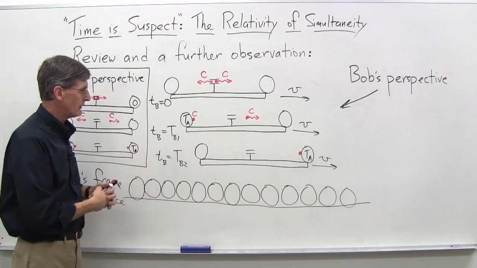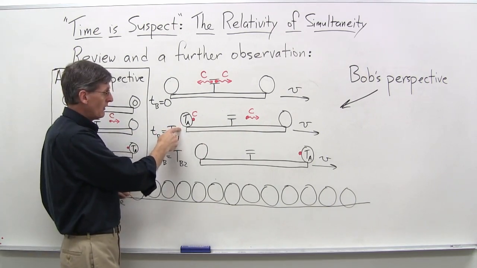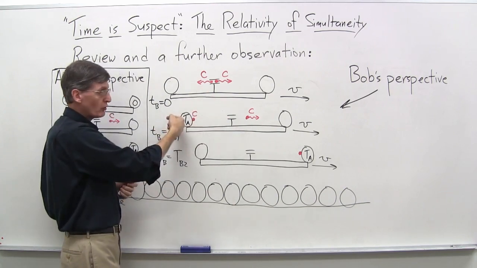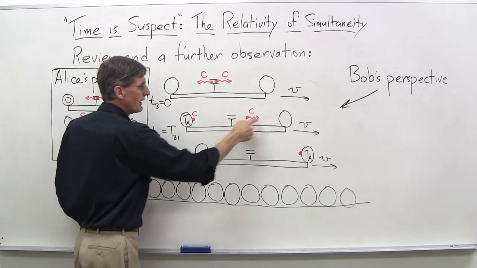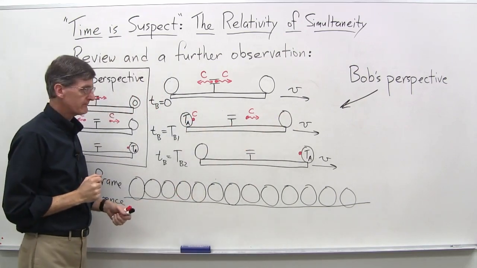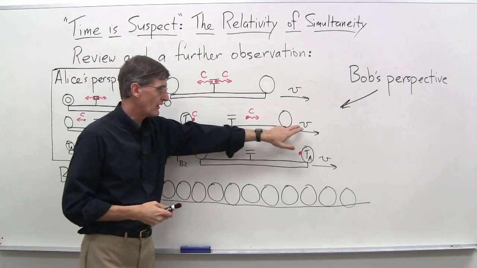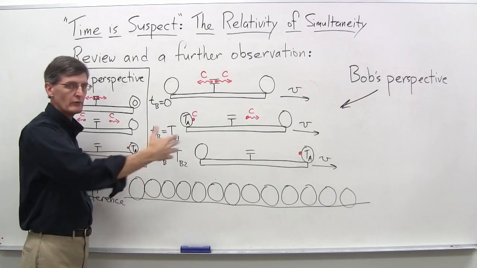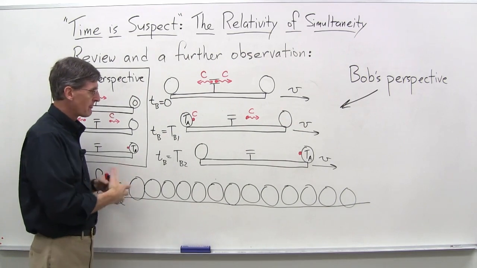And what that means is that because this rear clock on Alice's spaceship is moving toward the light pulse coming toward it, this light pulse will hit this rear clock before the other light pulse can reach that clock. And of course, in real life, light is so fast and typically velocity is so small, we don't notice this difference, but if you can get large enough velocities, this effect will come into play.